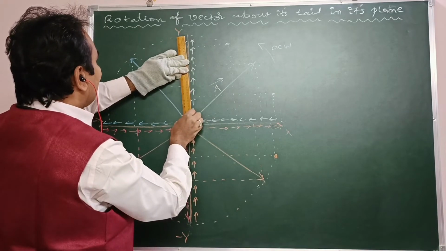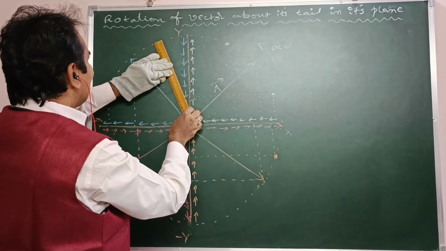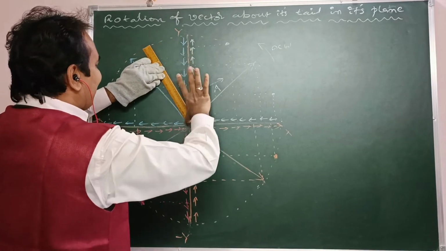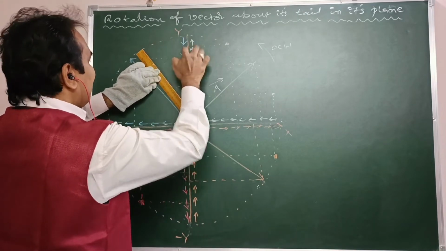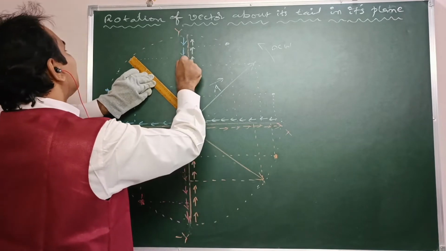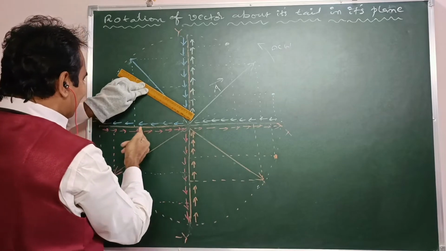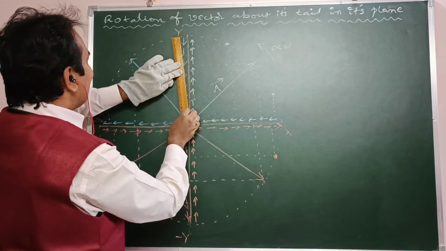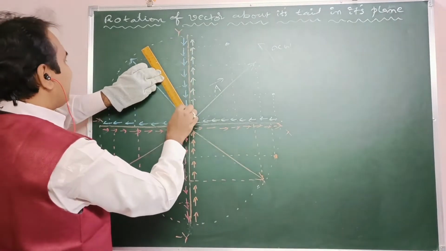Now when it is rotated like that in anti-clockwise sense, gradually y coordinate decreases. Now, here to there, this is the y coordinate. Now from here to there, this is the y coordinate. At the same time, x coordinate increases. For this position, there is an x coordinate. Gradually, when it is rotated like that, x coordinate increases, y coordinate decreases.